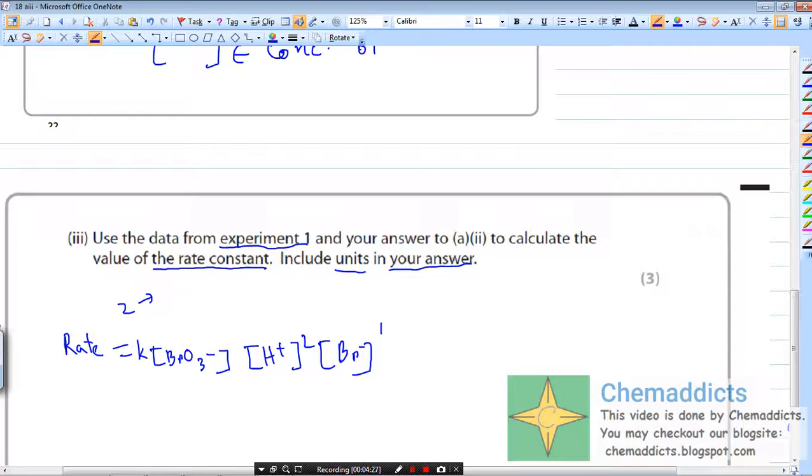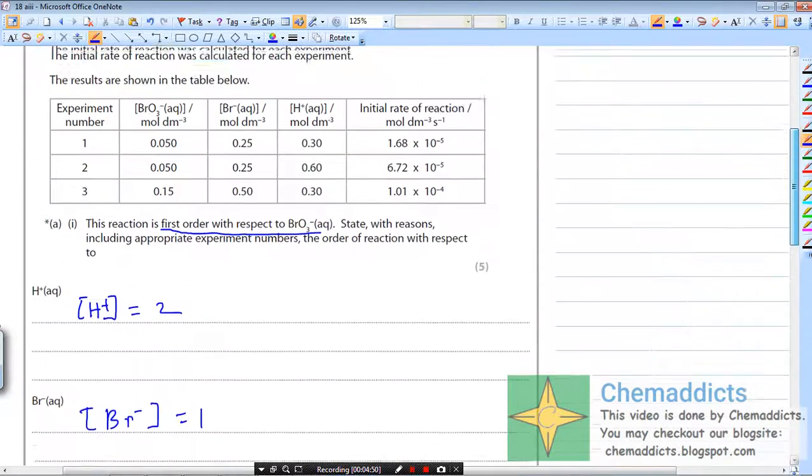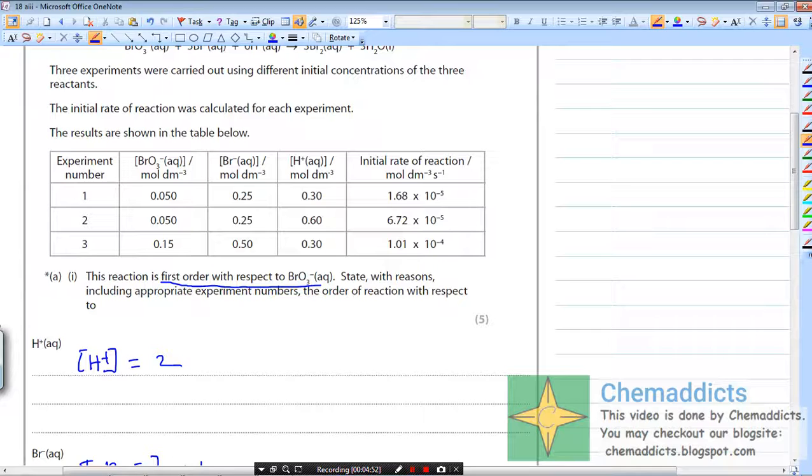Most students might get into the trap of this small thing. So we're gonna use the data of experiment 1.